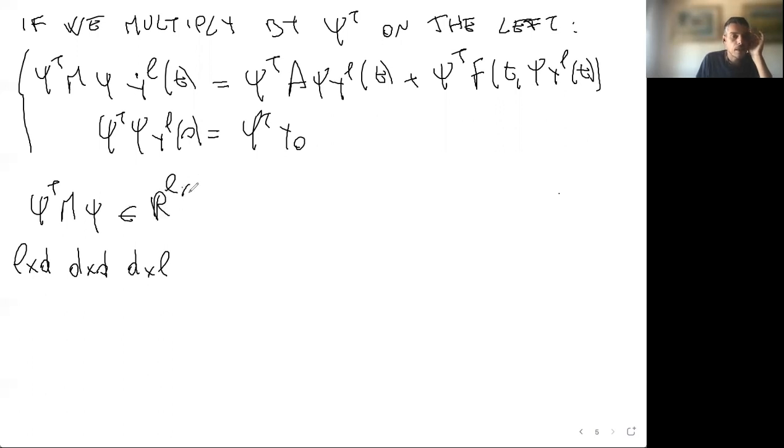This is a matrix L by L. So now here we have an L-dimensional matrix, which I'm going to call ML, defined as psi transpose M psi.